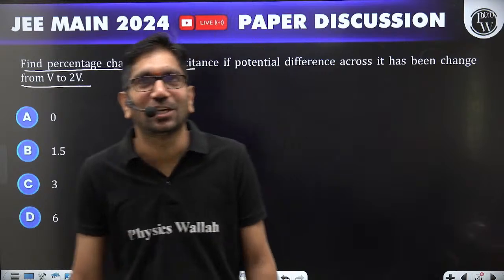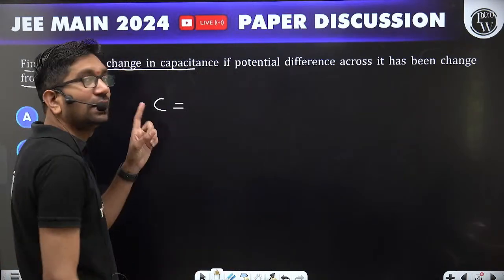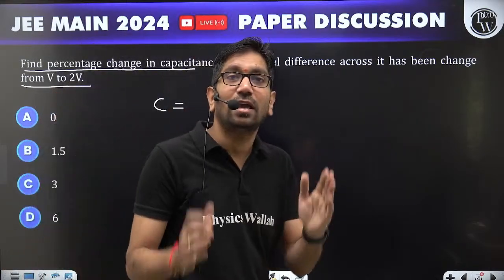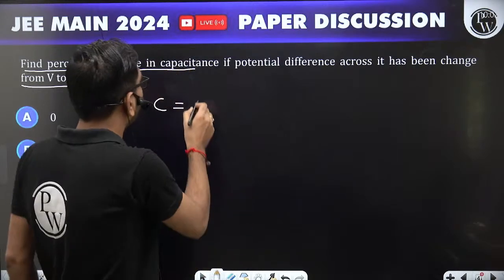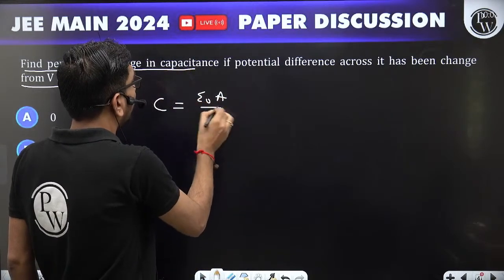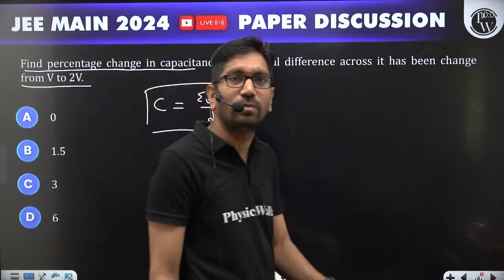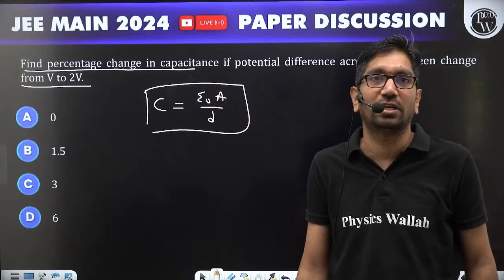I'll explain this one. This is a very simple question. Capacitance always depends upon the area of the plates and the distance separating them. The general formula is epsilon naught A by D. Although we write C equals Q by V, the capacitance never depends upon the charge and voltage.